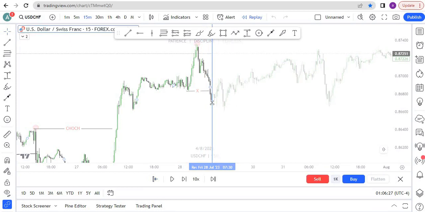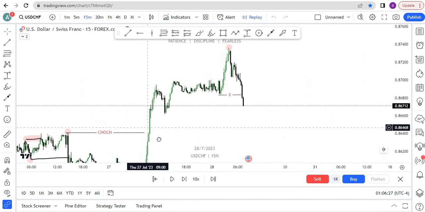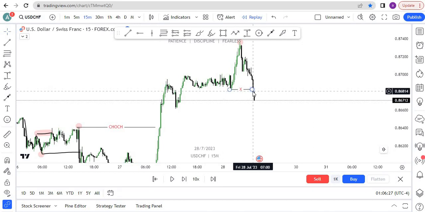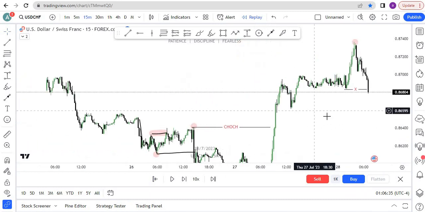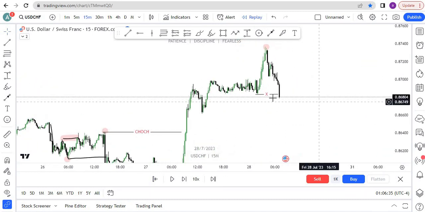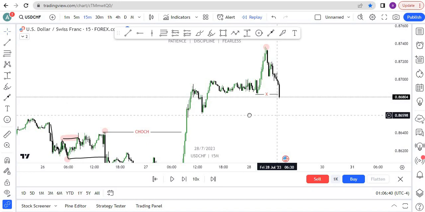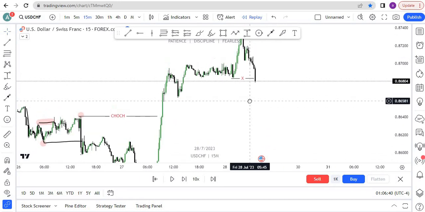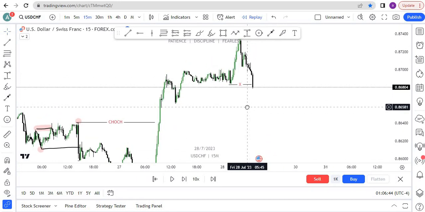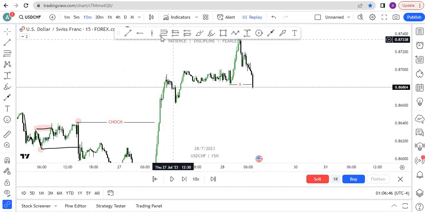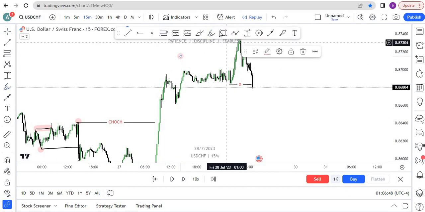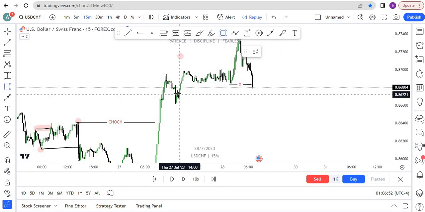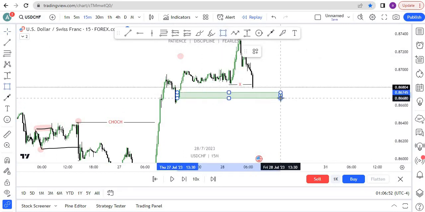After it takes out one more candle, and you close the candle, you have to find out where your unmitigated order block is. The first one is here.